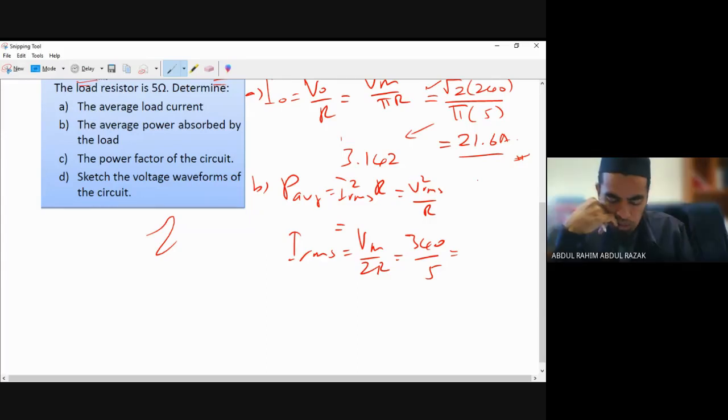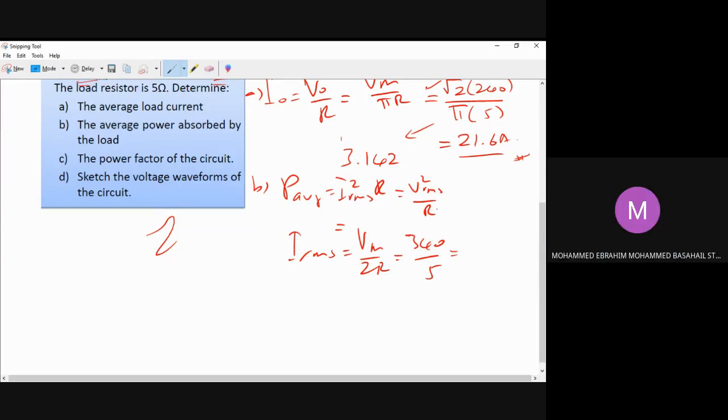This is the output current. Okay, let's say we are taking a V out RMS divided by 2. But Doctor, the 340, you get it from where?